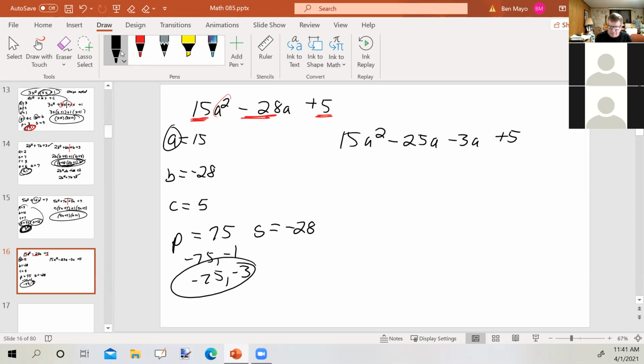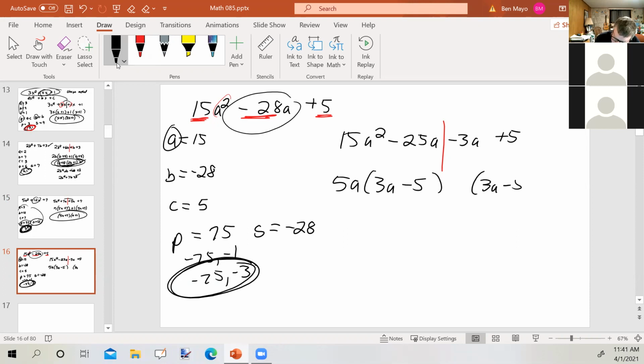Again, splitting the middle term into two terms whose coefficients are those two numbers. And then using factoring by grouping, the greatest common factor of the first two terms is 5a. The leftovers are 3a minus 5. On the right side, the leftovers are 3a minus 5.